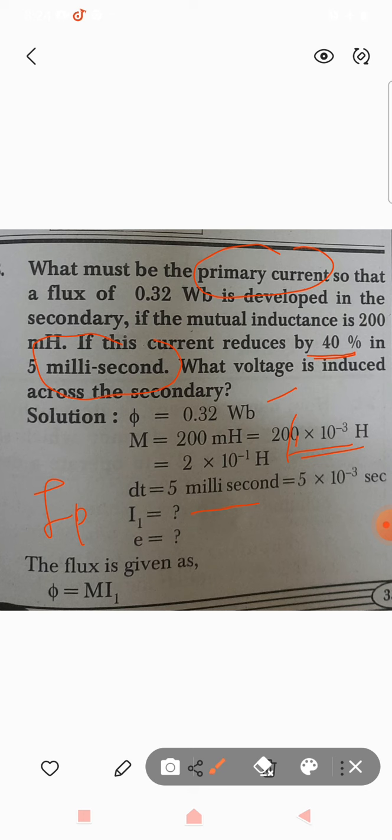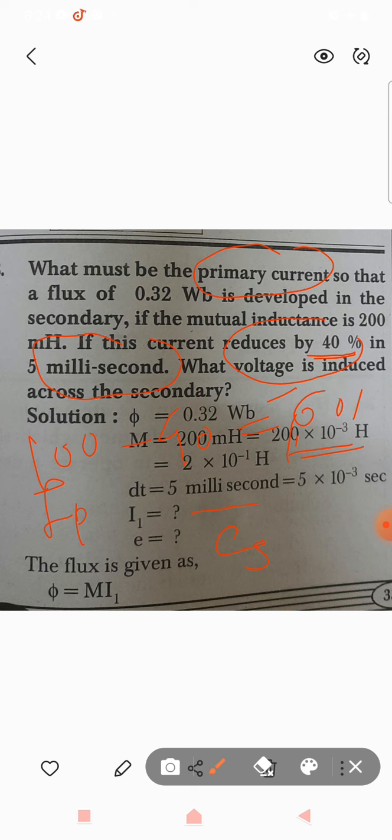So the voltage across the secondary means ES we have to calculate. Someone can use this word, reduction of 40%. So 40% will be reduced. Suppose 100% is the current, if 40% is reduced, the remaining is 60%.